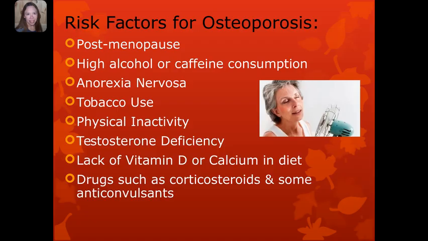Anorexia nervosa, if the patient is anorexic, they're not eating. Thus, this means they're not getting enough calcium and vitamin D in their diet. So we want to make sure that we are well aware of this and definitely assess them for osteoporosis.